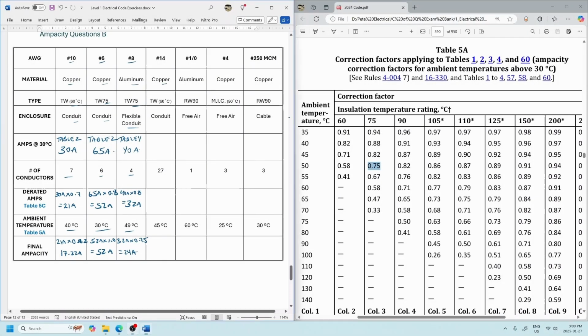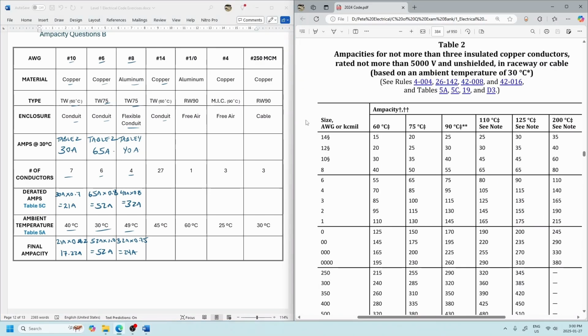We are back to copper in conduit, so we're back to table 2. Okay, we're in the 60-degree column because we're using TW, and our size of conductor is number 14. So those guys are good for obviously 15 amps. So we're back at table 2 for copper in a raceway, and we're good for 15 amps.